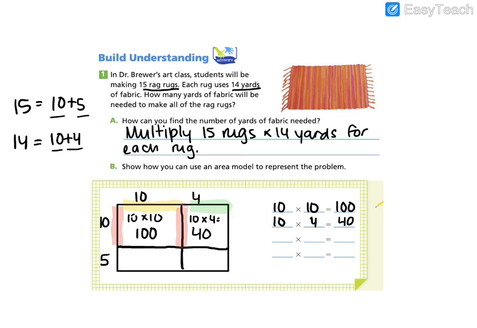Okay, now we'll move down to this section. We now have 5. This line here is still equal to 10. So our equation here is 5 times 10, which is equal to 50.